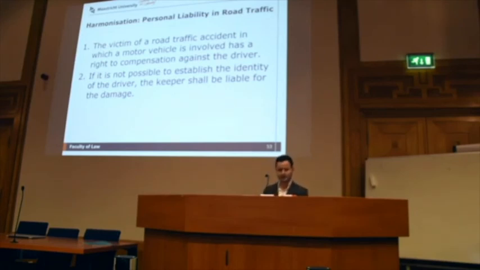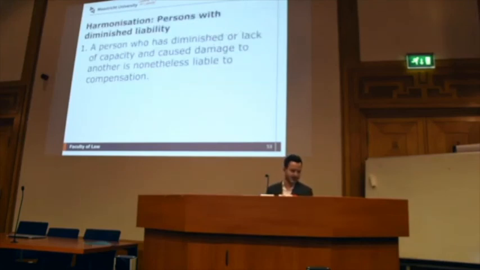However, if it is not possible to establish the identity of the driver, the keeper shall be liable for the damage. In terms of persons with diminished capacity, our provision says that the person who has diminished or lack of capacity and causes the damage to another is nonetheless liable for the compensation.